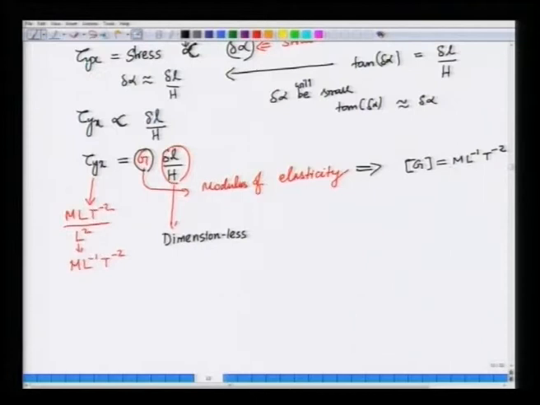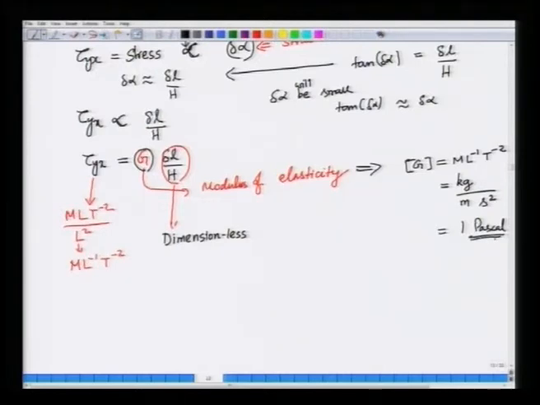And in SI units, if you put M as kilogram, L to the minus 1 as per meter and T to the minus 2 as per second squared, this is called 1 Pascal. So, stress and modulus of elasticity are both measured in Pascal. The stress is therefore directly proportional to the strain.